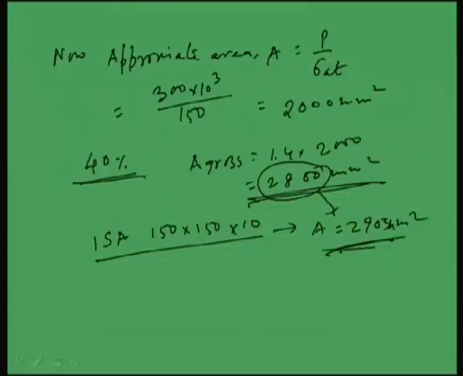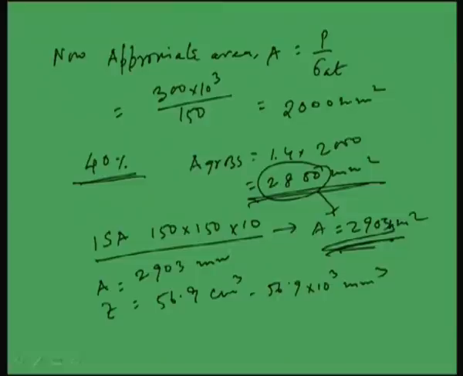Considering this aspect, we are getting a section of 150 by 150 by 10, and from the table of SP6 we are getting the corresponding value of Z as 56.9 centimeter cube, that means 56.9 into 10 to the power 3 millimeter cube, and area is 2903 millimeter square. So we can now find the value of PE. PE will be P plus M into A by Z.